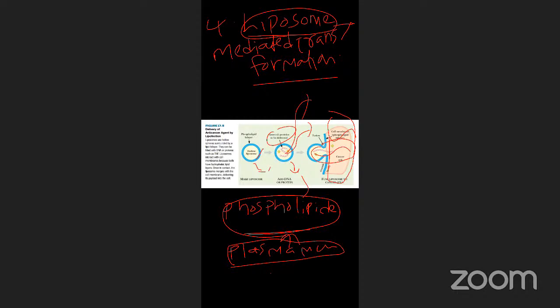Next one. Now let's see some advantages and disadvantages of transgenic plants. Before that, in any method, either vector mediated or non-vector mediated, the desired gene enters the target cell.